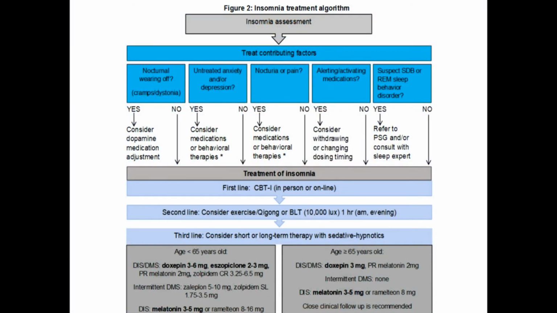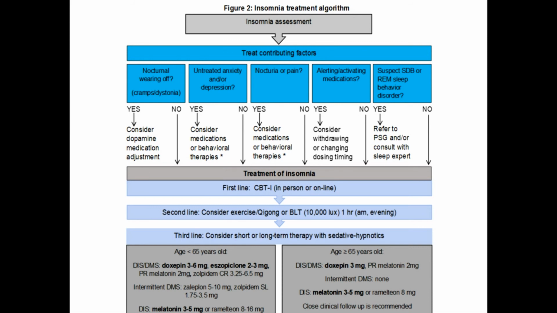This is actually a figure that we included as part of this manuscript that was published last month, and it basically shows an algorithm for providers of how to assess insomnia, what factors to consider, and what medications or therapies to potentially try with someone. And what you see here in the treatment portion, which is the second half of the figure, is that we really suggest trying behavioral options first, like CBTI, exercise, and then going to potentially medications.